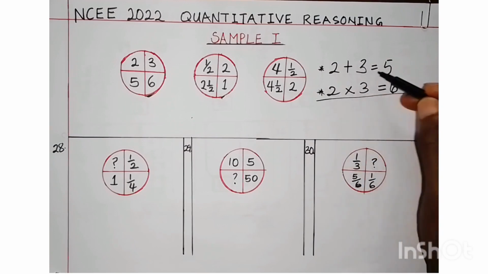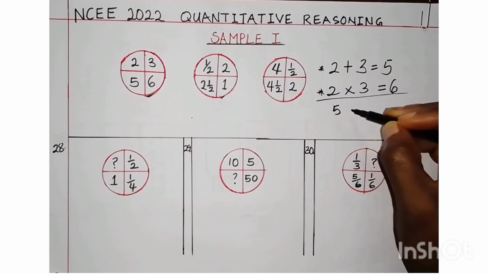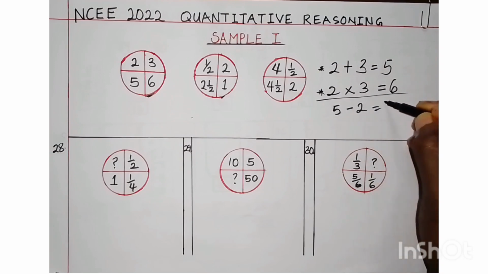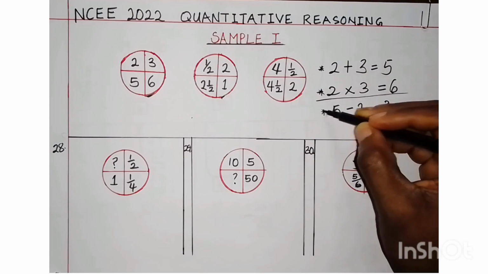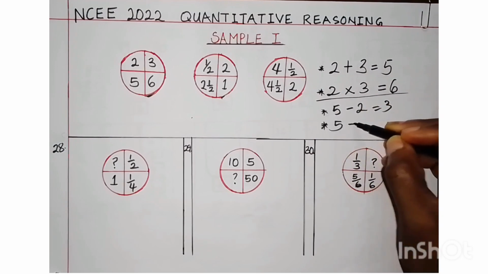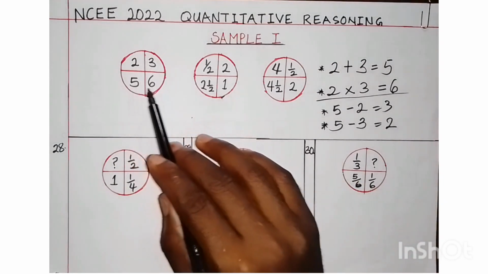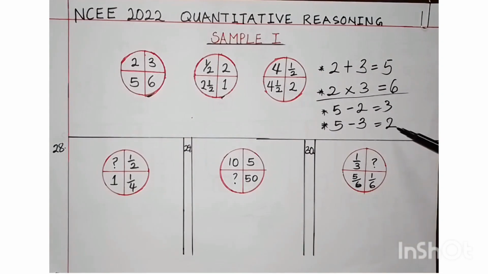If 2 plus 3 is 5, then 5 minus 2 equals 3, and also 5 minus 3 equals 2. So we have the solution for each of the 4 parts: 1, 2, 3, 4.